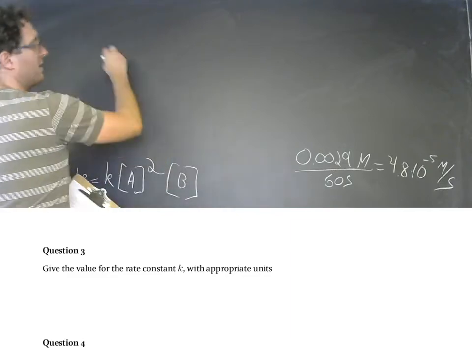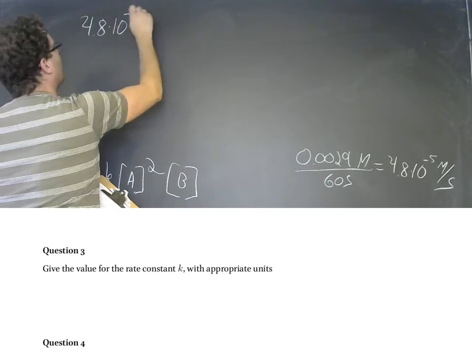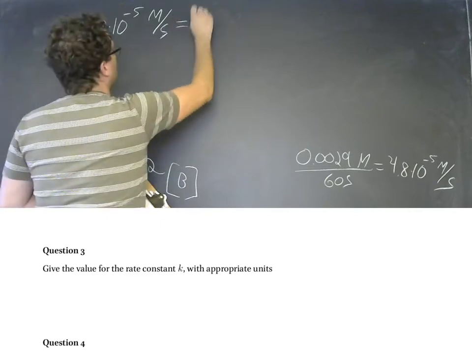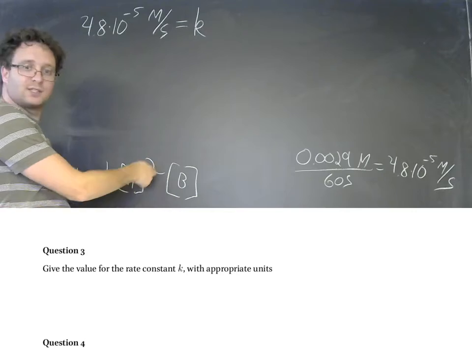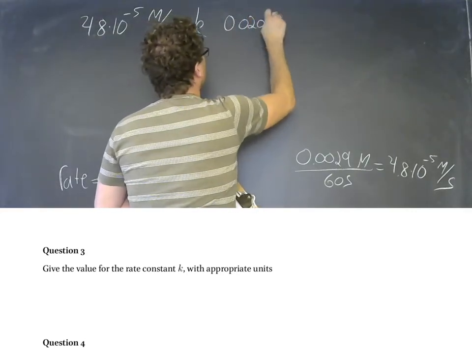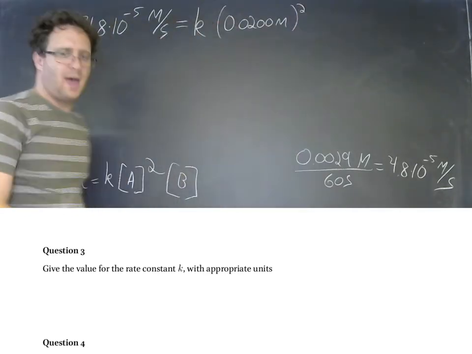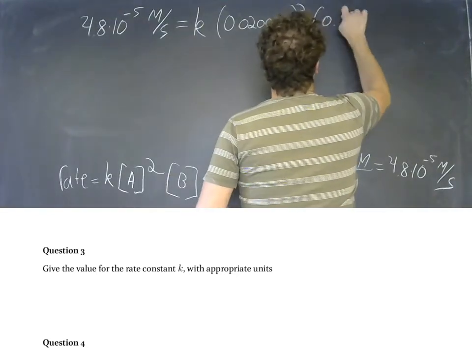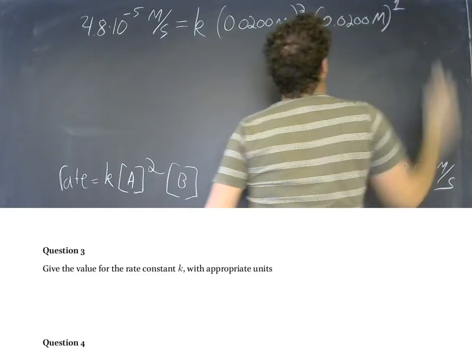So the rate is 4.8 times 10 to the negative fifth molar per second, and that is equal to our unknown rate constant times the concentration of A squared, so that would be 0.0200 molar squared, and times the concentration of B, which is also 0.0200 molar, this time raised to the first power.